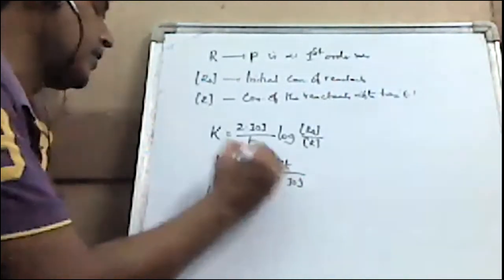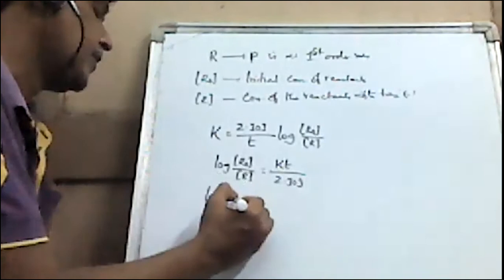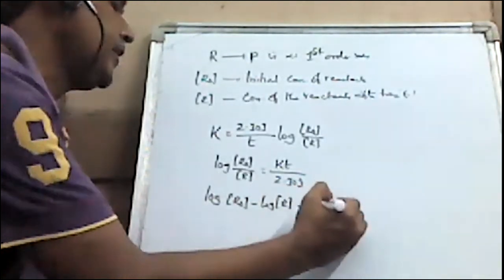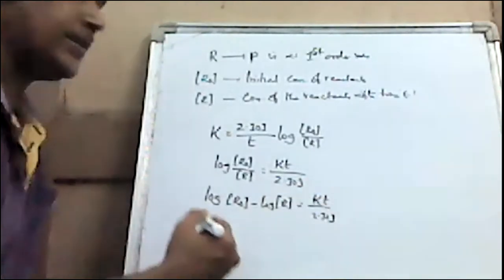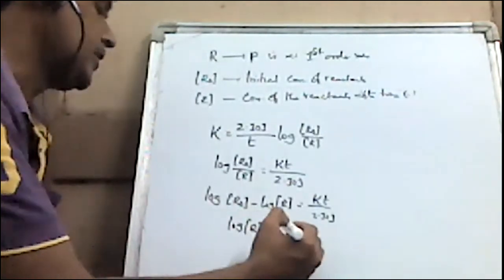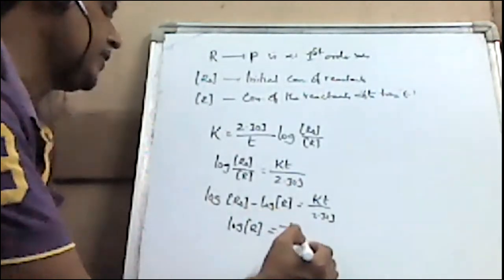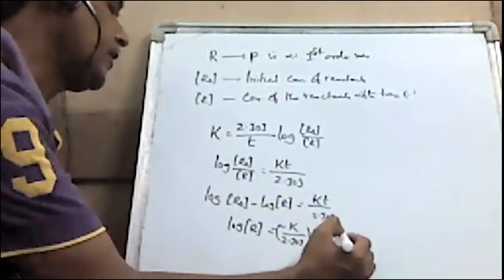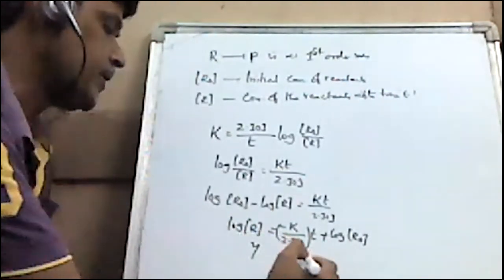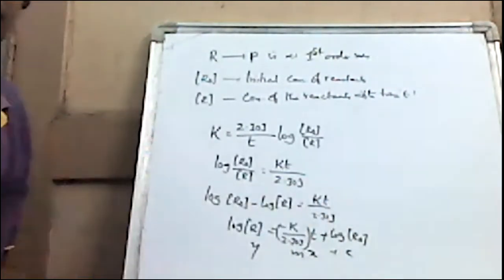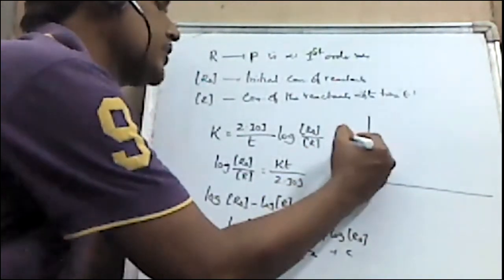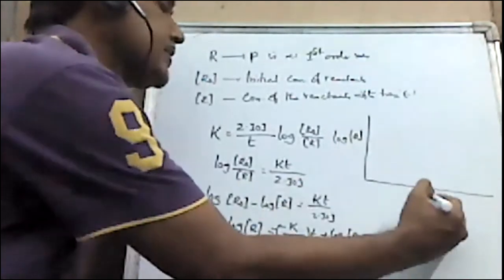Now if I rewrite this, log A by B is log A minus log B, so log R naught minus log R is equal to kt by 2.303. Then if I rearrange the terms, log R is equal to minus k by 2.303 into t plus log R naught. Now it is in which form? y is equal to mx plus c. You see, now what I have to plot? I have to plot log concentration of reactants versus time.